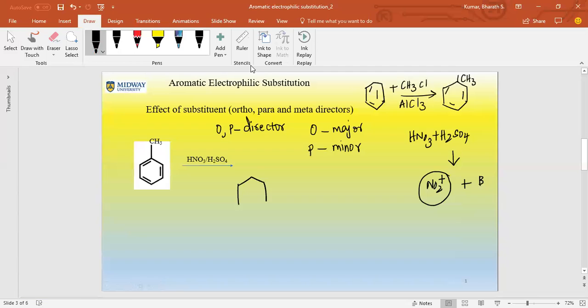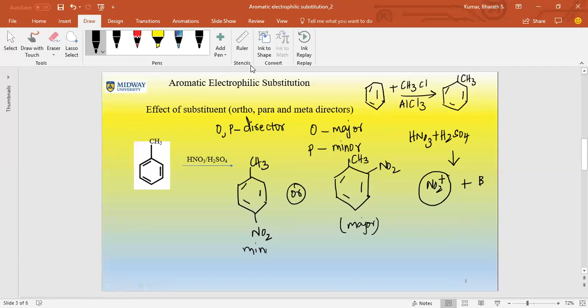So we will have two products. This will stay where it is. With respect to this, this is para, so the NO2 will go there. Or for the ortho position, you don't have to write both, write one, either the left or the right side. I always do my right side. So this is the major product. This is the minor product.